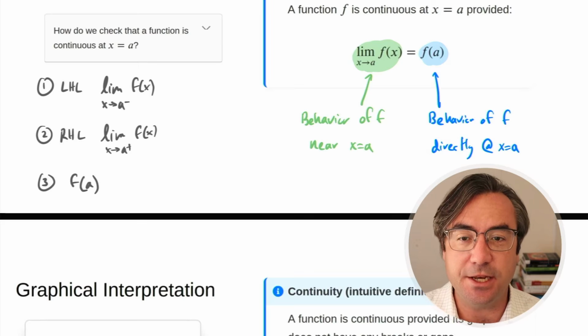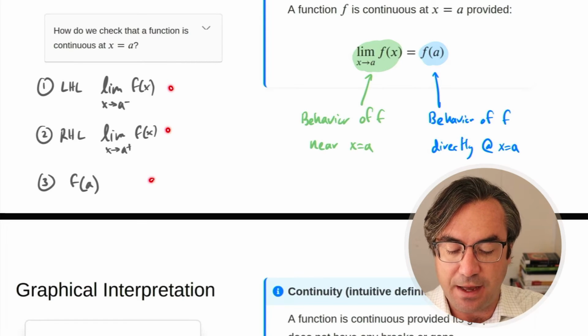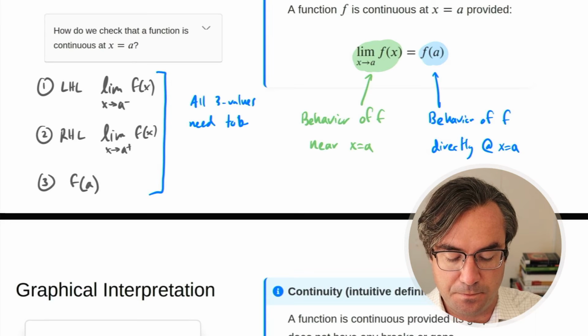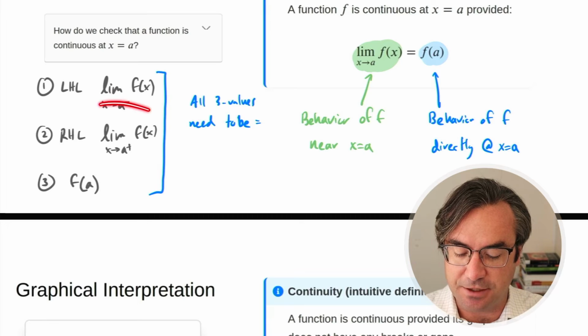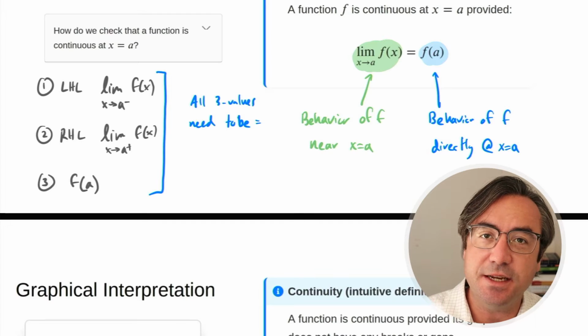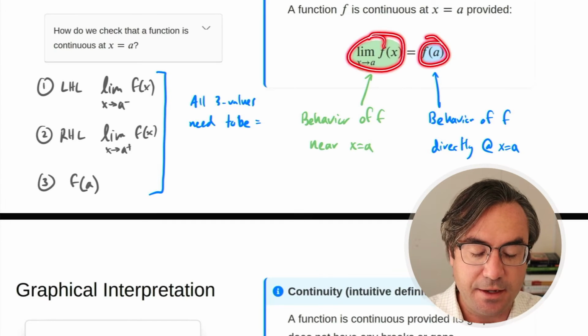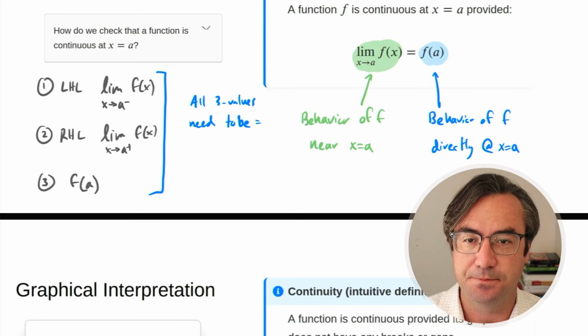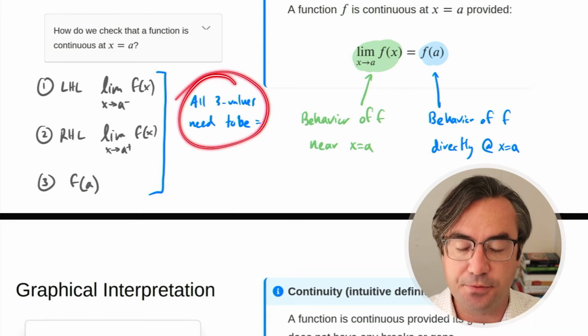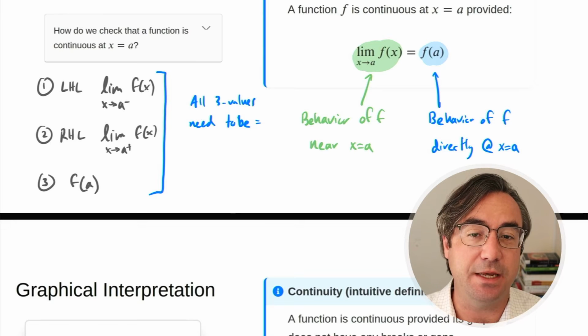In order for it to be continuous, we need all three of these values to be equal to each other. It's not enough just to check the left and the right side. Even if this limit exists, it doesn't necessarily mean that the value of this limit equals what is going on at the function. So when we check continuity, there are three things we have to show: left-hand limit, right-hand limit, and the function value, and all three of those values have to be equal.